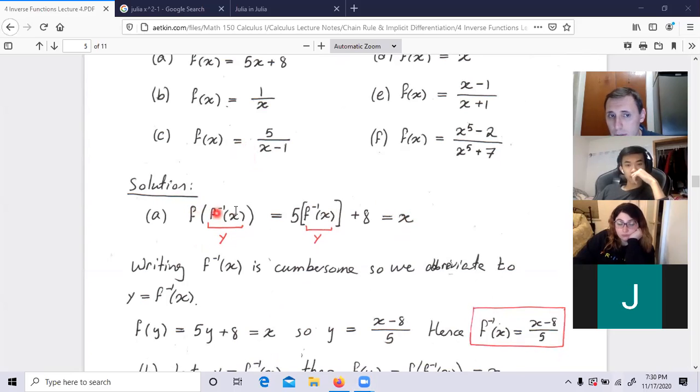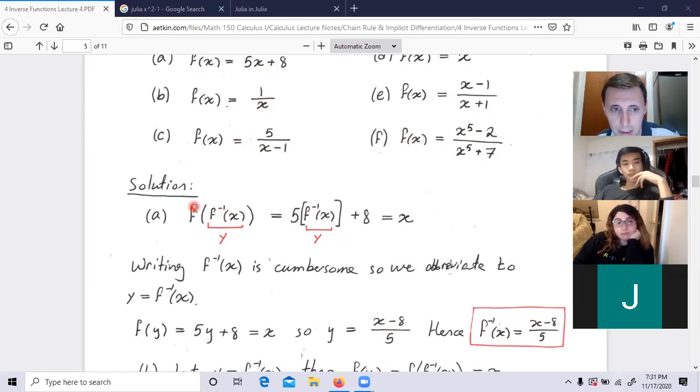Everybody understands that? So this symbol just means something that cancels f. But what does f do to anything it eats? It's like an anti-wolf operation. So the wolf eats it, and this is the Red Riding Hood defense. It just pierces the wolf open, and x comes out.